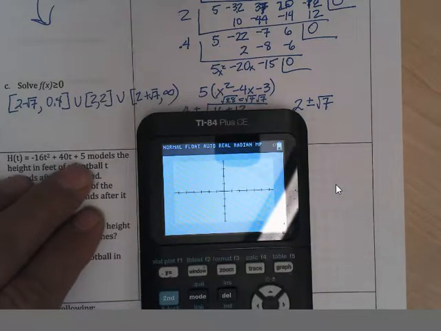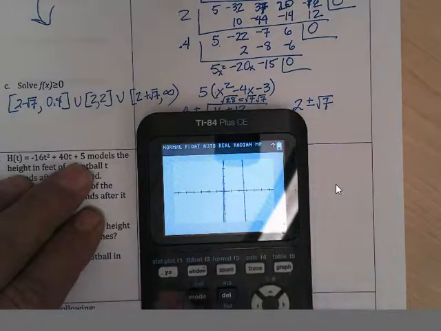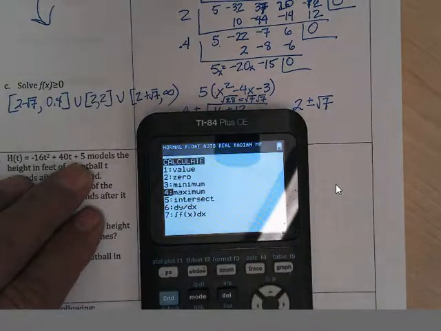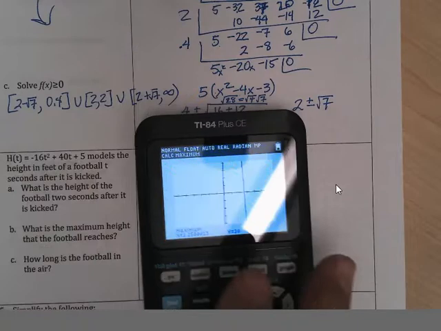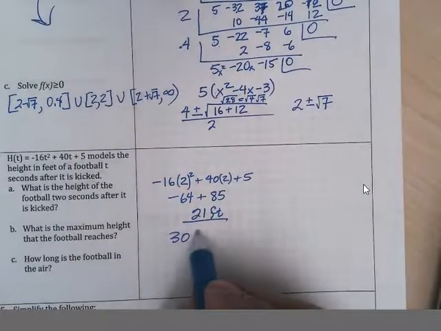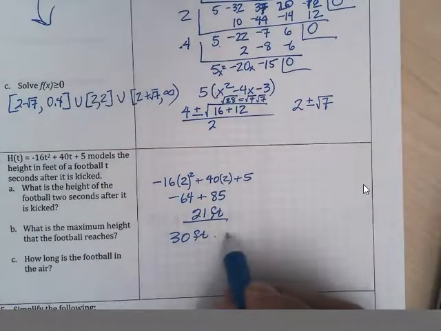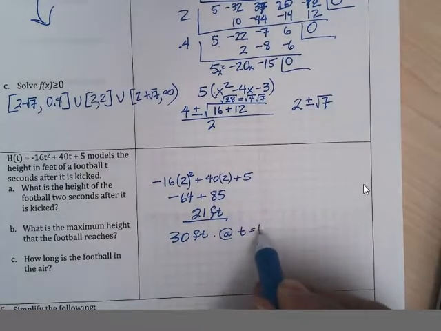Graph goes up, comes down, happens in the middle. Second, calculate the maximum. That's between 0 and 2, and let's say 1. And it says it's at 1.25, and it's 30 feet. At time equal 1.25 seconds.